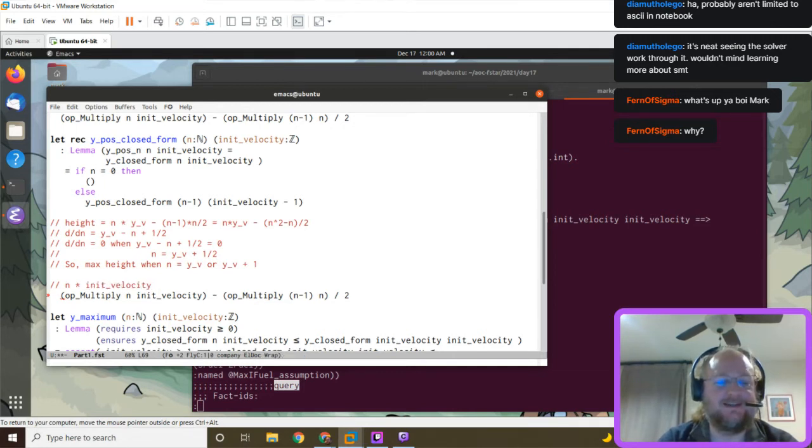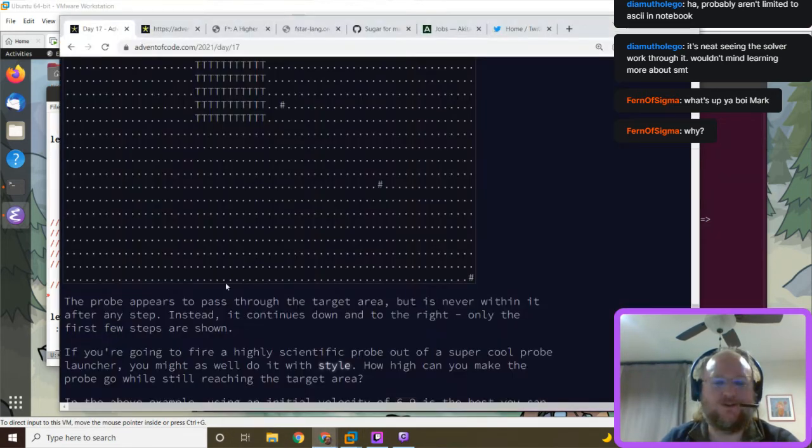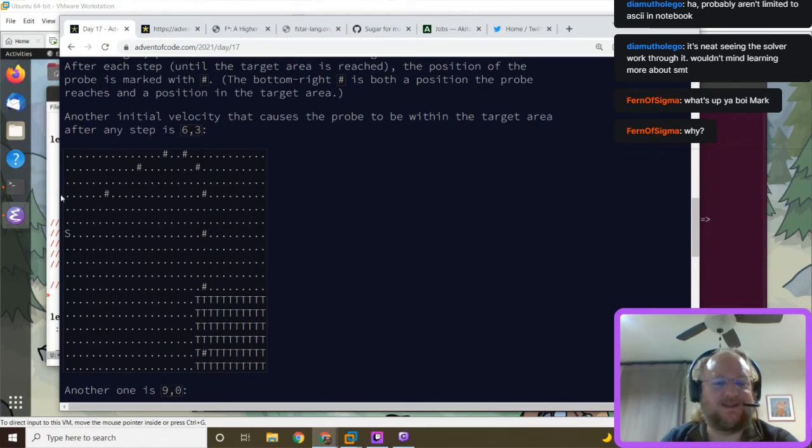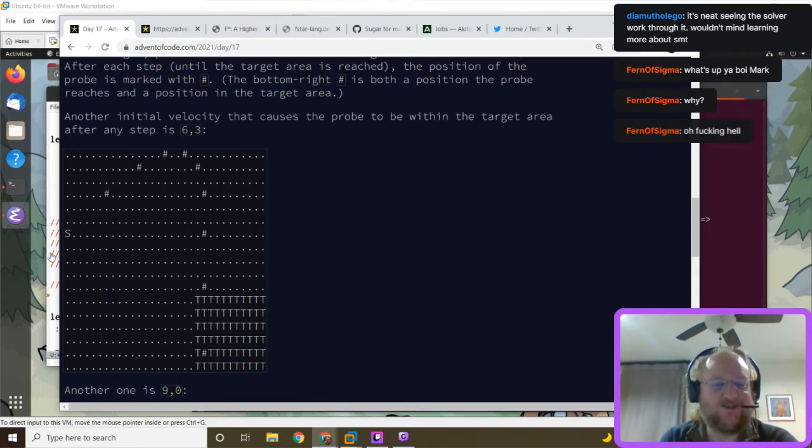Why am I doing calculus? Because today's Advent of Code problem is all about discrete parabolas, shooting our probe into a target area. And I decided it would be more fun to try to prove as much as we could instead of brute forcing.